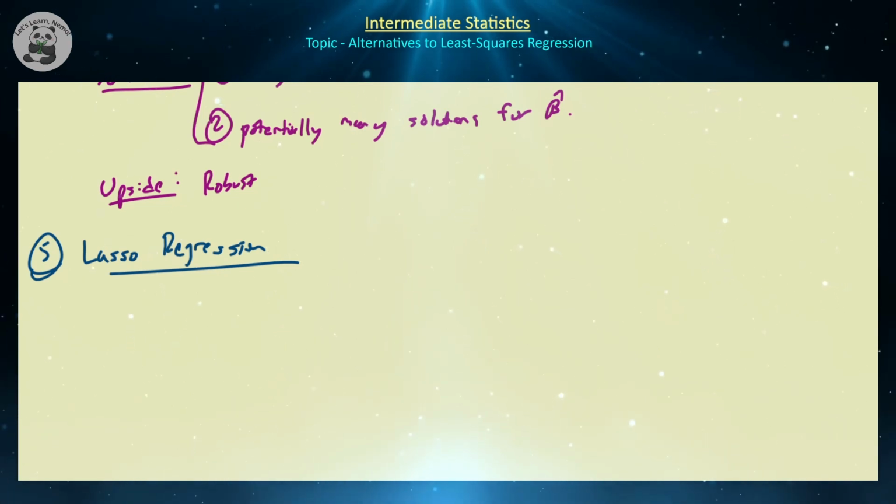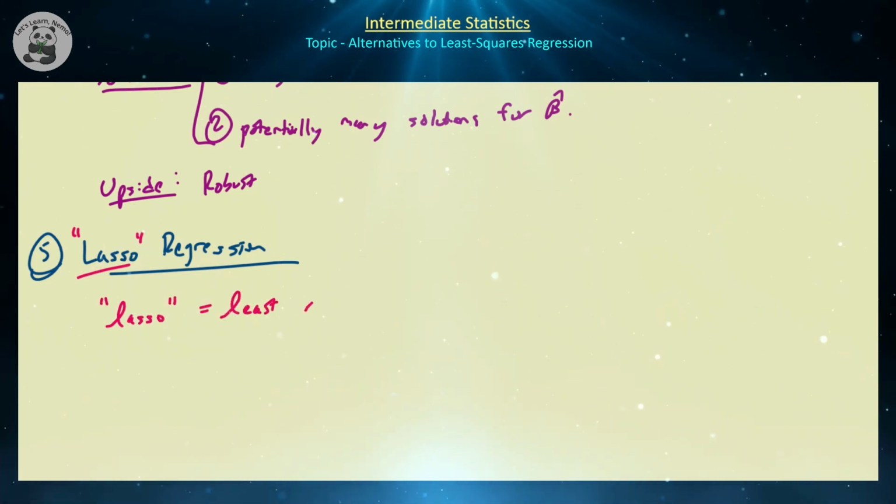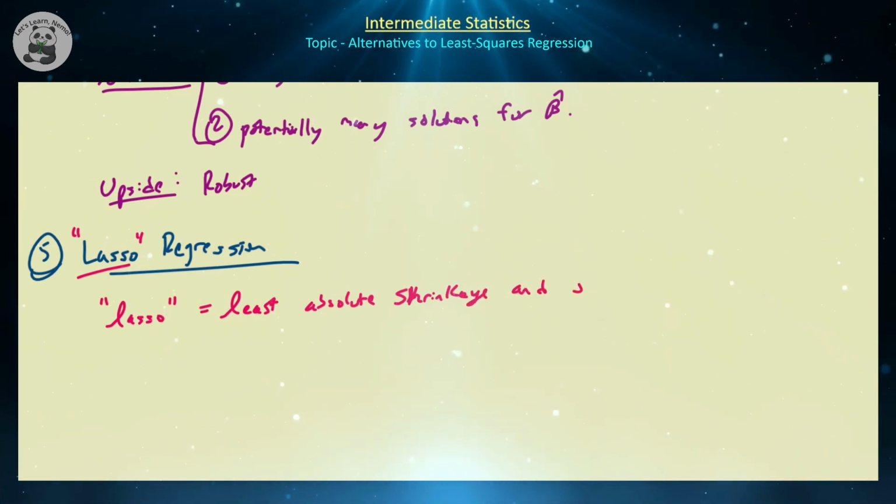And what does lasso stand for? Lasso is short for the least absolute shrinkage and selection operator.